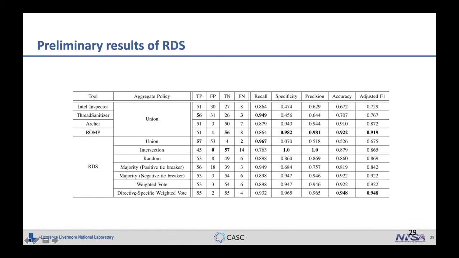We can even have directive-specific weights, because different tools can do better or worse for different types of code. So we can have very fine-granularity weights assigned to different tools, giving us a better way to combine different tools and compilers for program analysis. I'm very happy somebody asked this, so thank you.